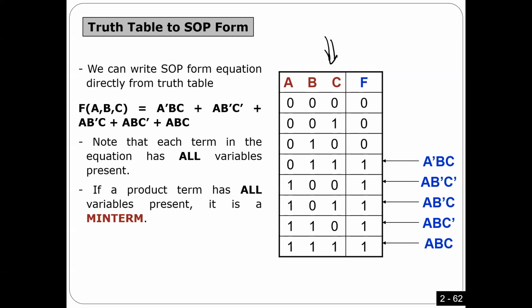Let's start with the first one here, SOP, sum of product. In sum of product, I'm going to make it very simple. You have this truth table here, and I want to write this function in sum of product, SOP.